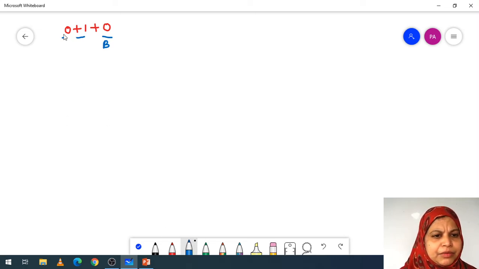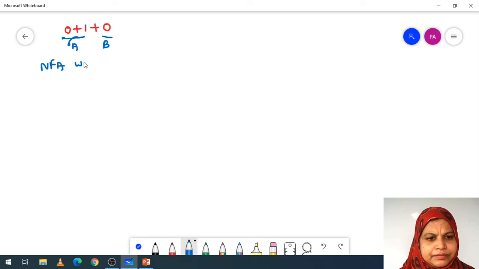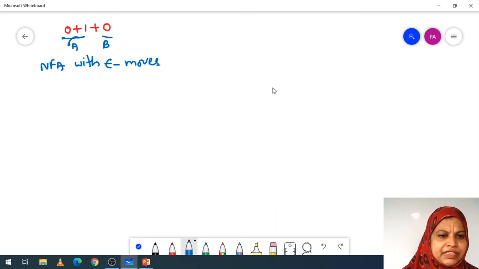Now, I am going to convert this regular expression to a finite automaton with epsilon moves. Here, this is A, this is B. Now, how am I going to take this one? First is the NFA with epsilon moves.